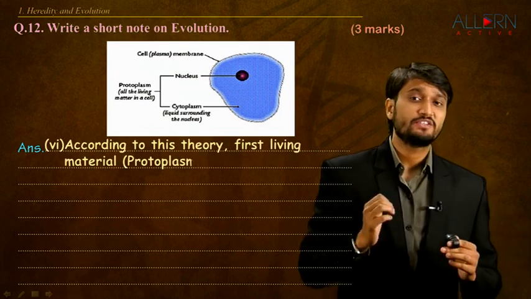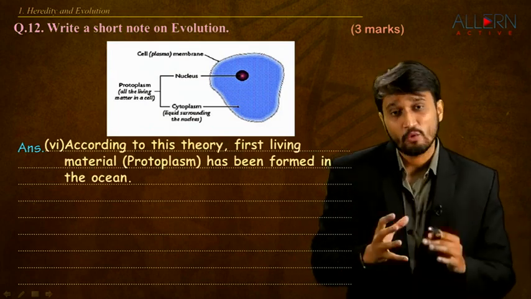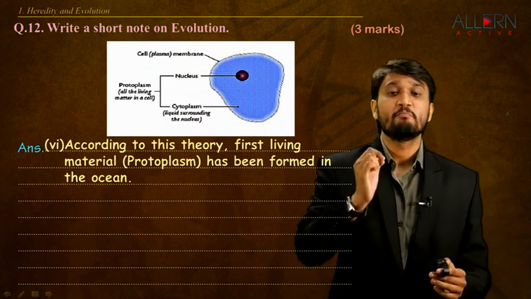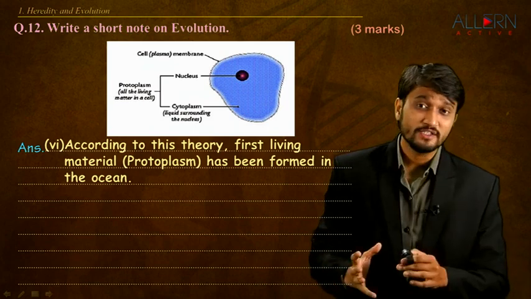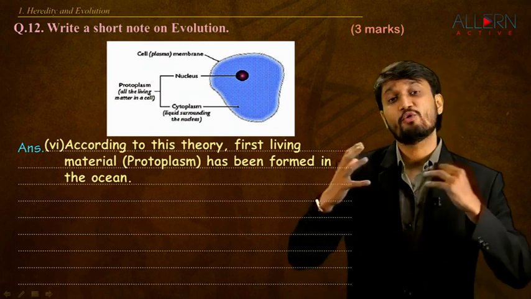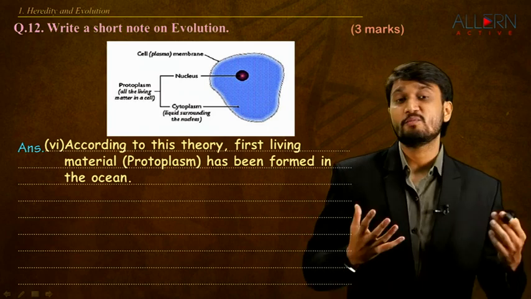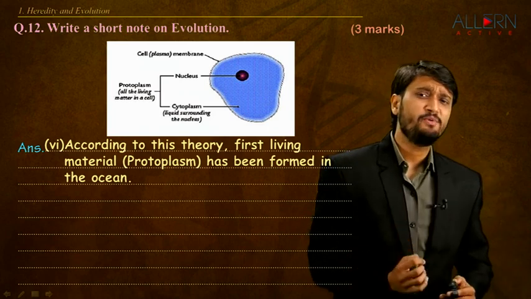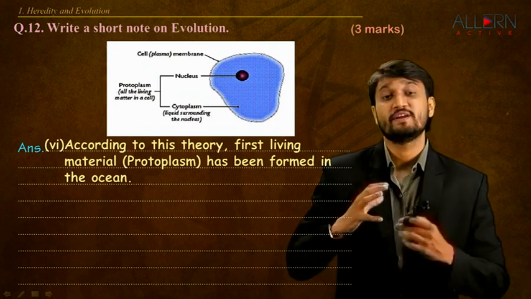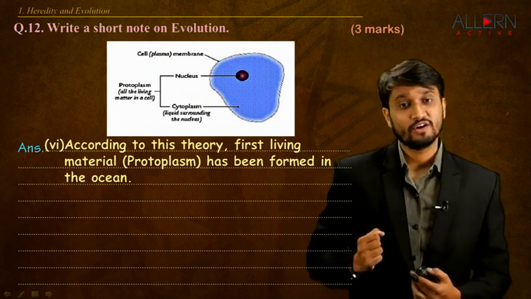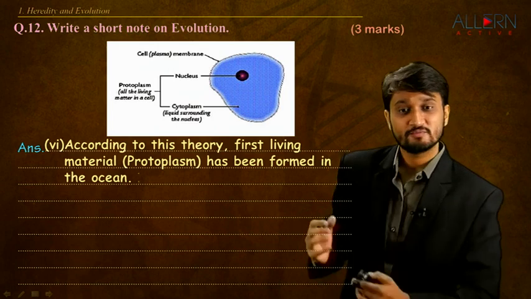Now according to this theory, the first thing that came on earth was the living material called protoplasm, right? And obviously that must have formed in the ocean, because when life started there was a lot more water on earth as compared to what it is right now. So the probability of life emerging on land is very low, but in water it is very high. So it must have evolved in the ocean, in the form of this protoplasm.